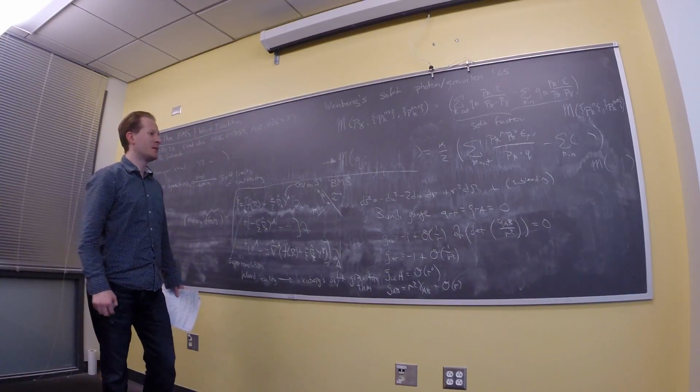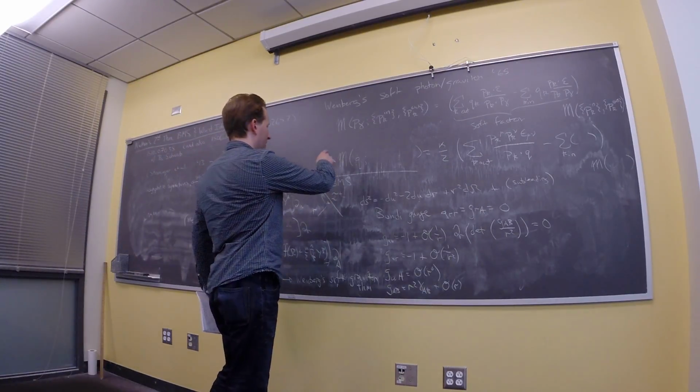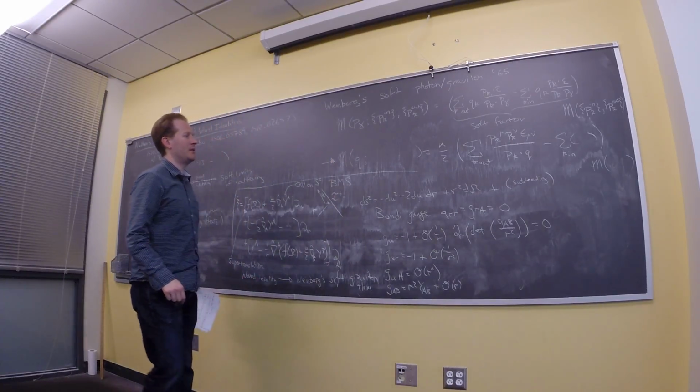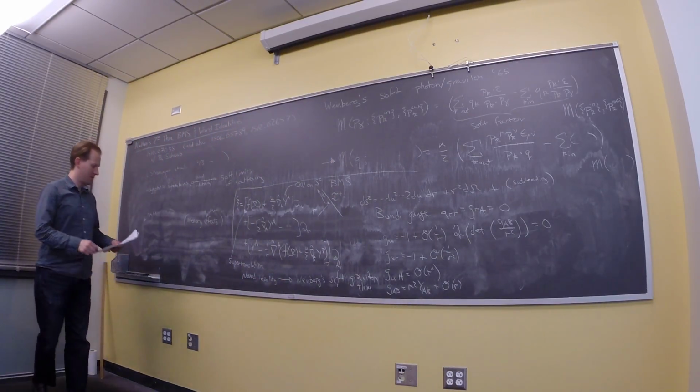To be more precise, it'll actually be omega squared times the left-hand side and the right-hand side, where omega is the energy of the soft graviton.